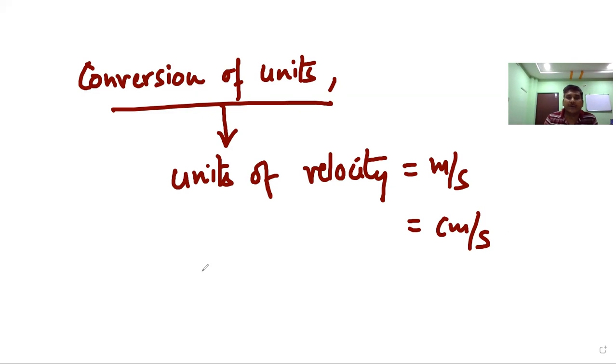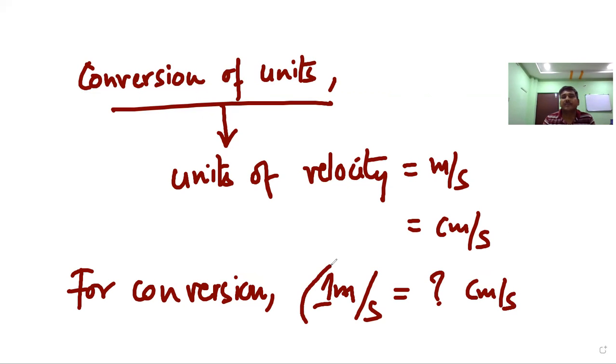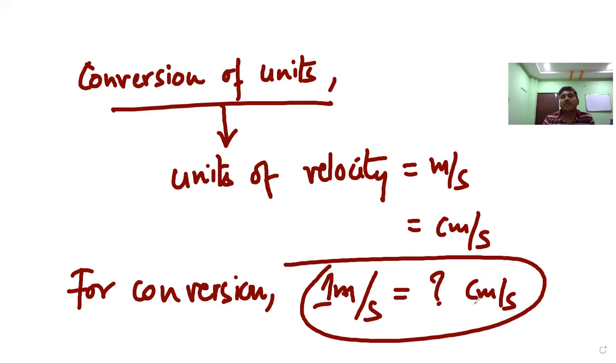So for conversion, I want to know 1 meter per second of velocity is equal to how many centimeters per second? This I would like to know. Clear?